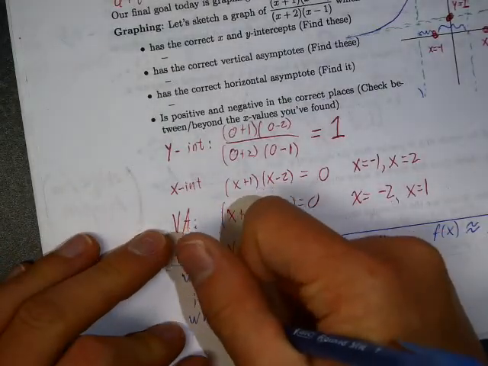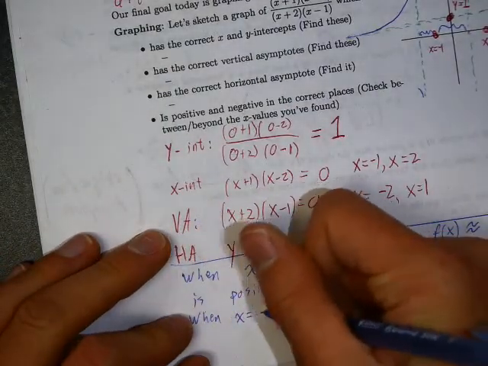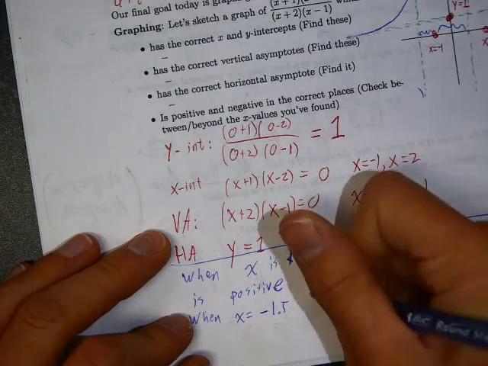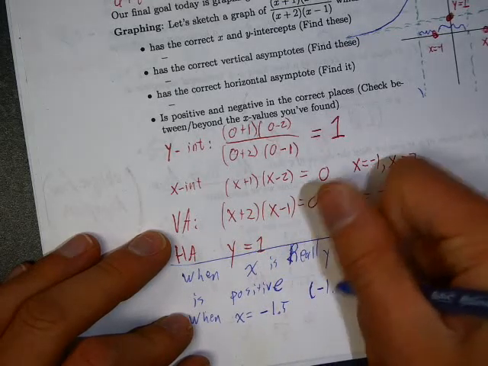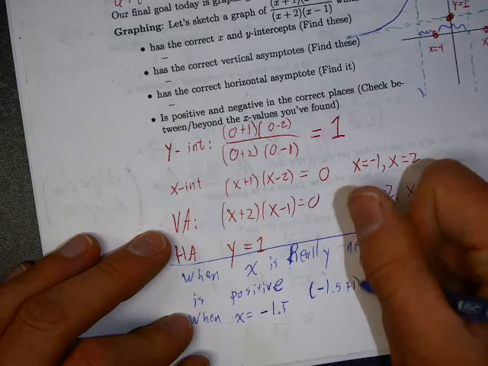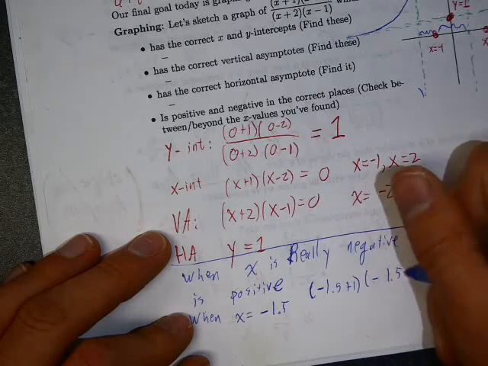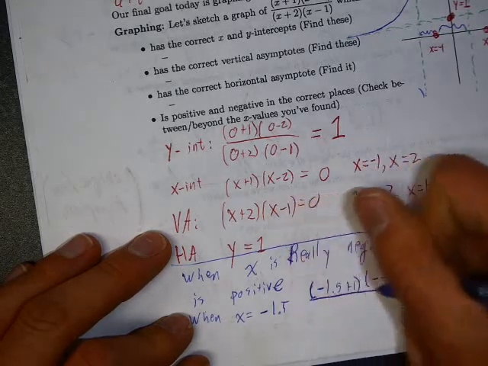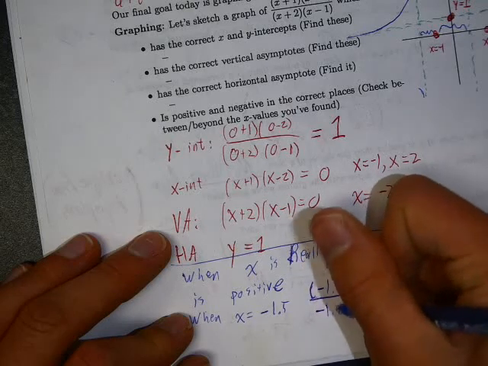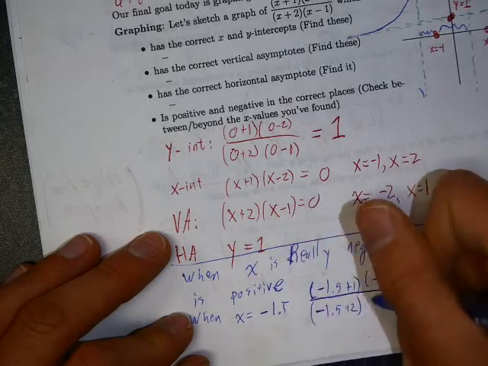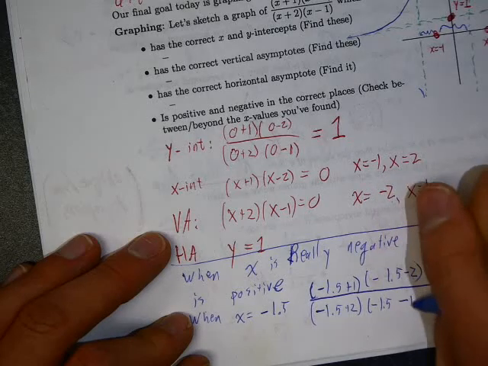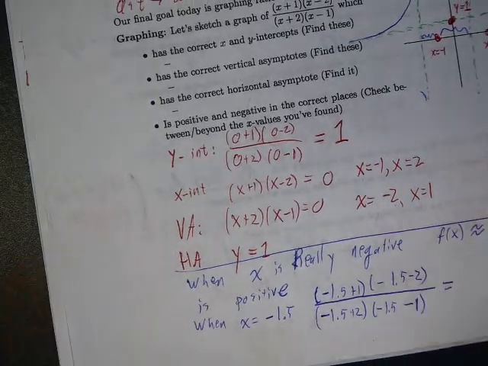So let's see, when x is equal to -1.5, we end up with (-1.5 plus 1) times (-1.5 minus 2) divided by (-1.5 plus 2) times (-1.5 minus 1). And on the one hand, we could evaluate this on the nose, but let's just decide if it's positive or negative. -1.5 plus 1, positive or negative?